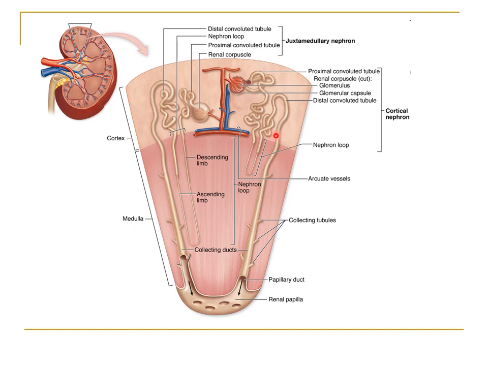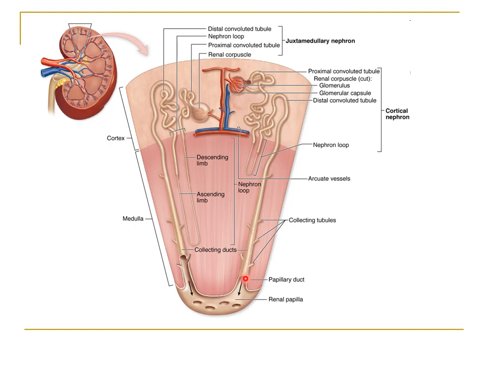You can see here that the cortex has all the nephrons, which start from the renal corpuscles, then the proximal convoluted tubule and the straight portion, the loop of Henle, then the distal convoluted tubule, and then all the collecting tubules open into the collecting ducts.